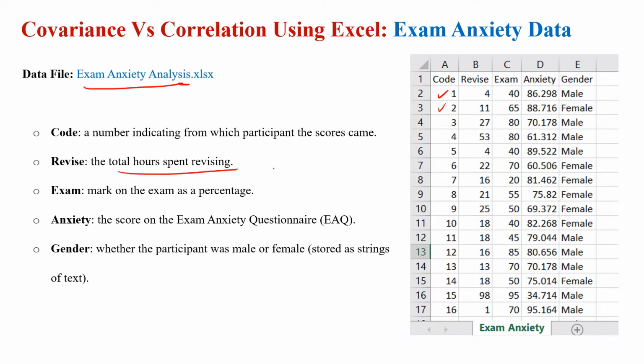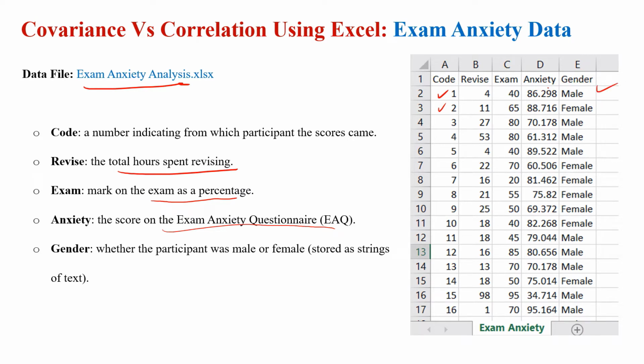Exam indicates the exam percentage score, or you can say exam performance, whereas anxiety is the anxiety questionnaire answer, that is, if there is 80% anxiety, what's the exam performance, and so on, and we also have the gender.